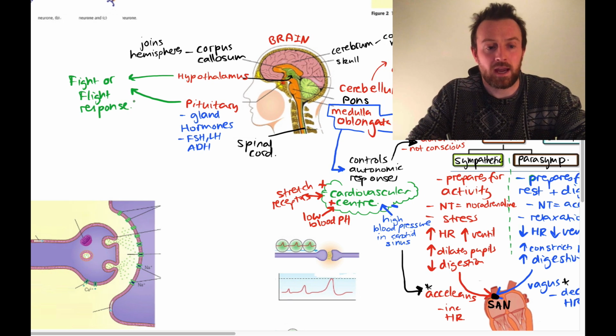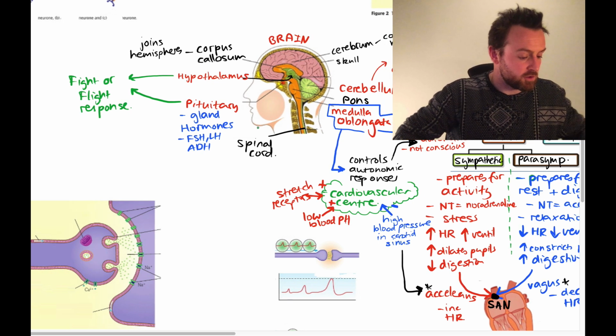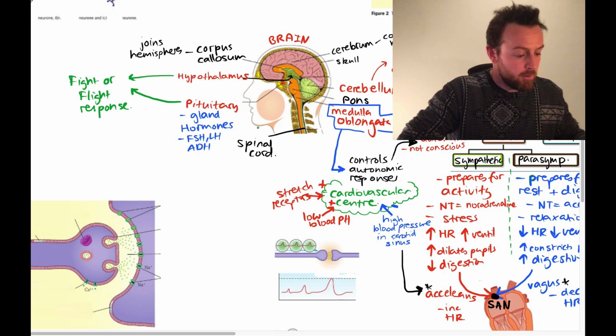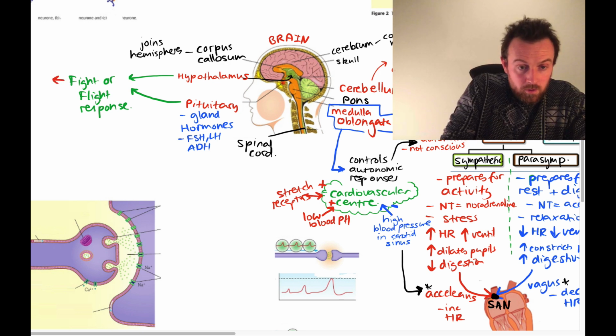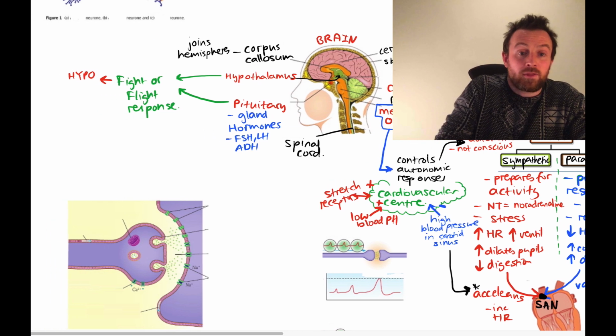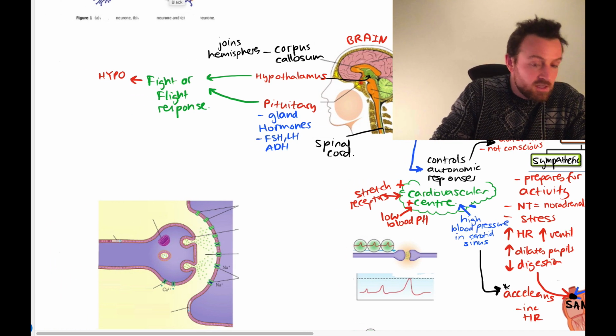Okay, and it's a bit complicated, so I'll try and keep it brief, but let's get into it. So hypo, for hypothalamus, it can release a couple different hormones.